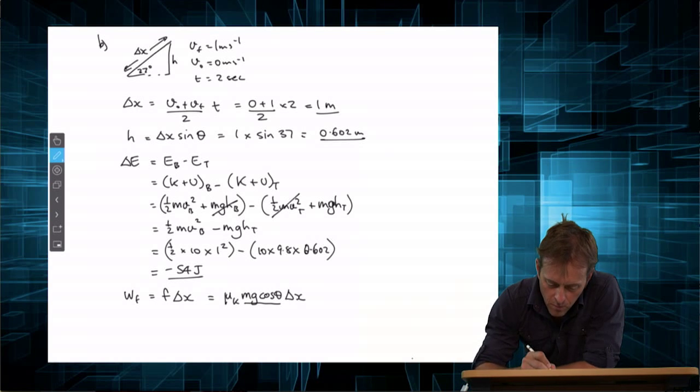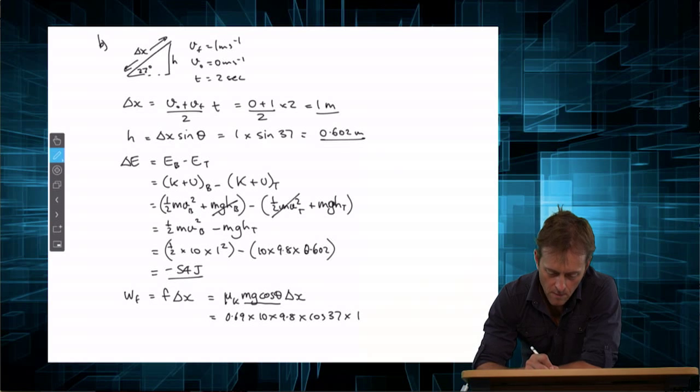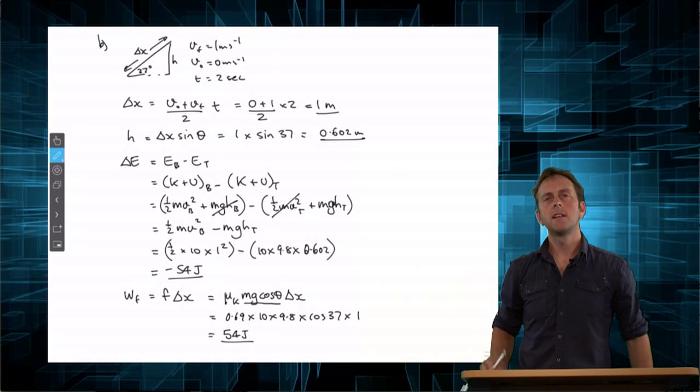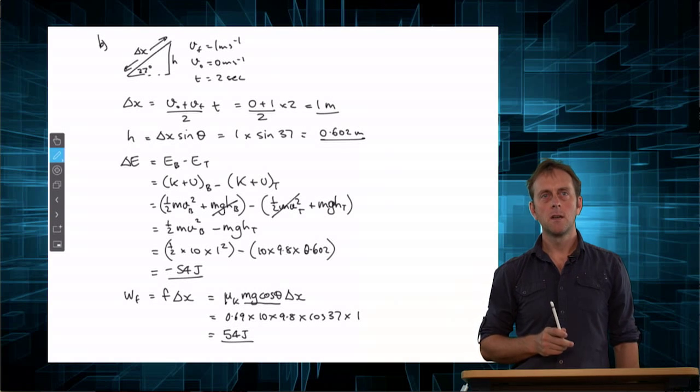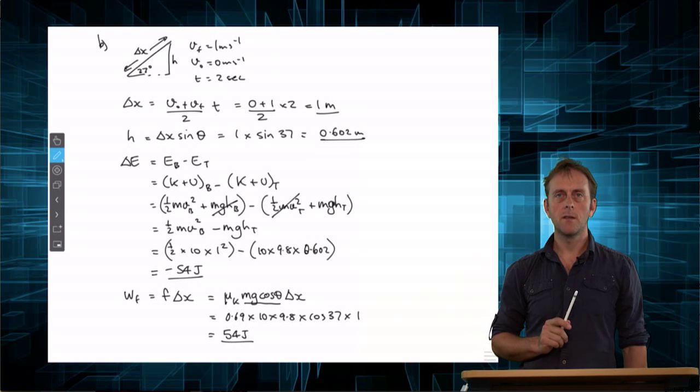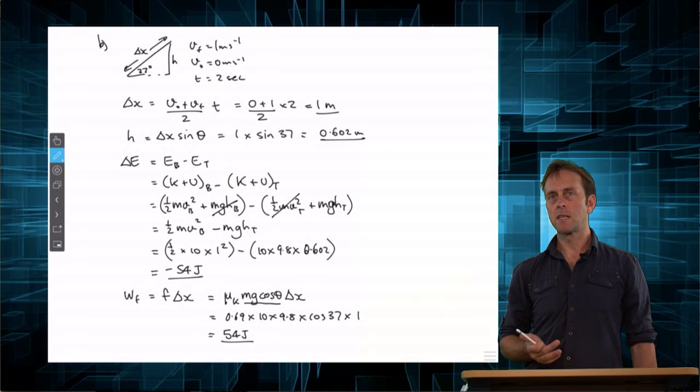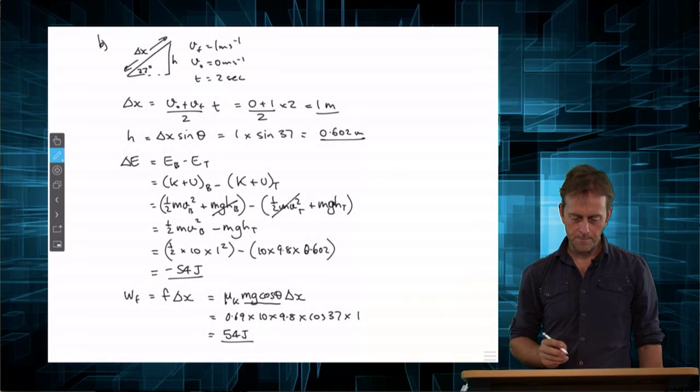Put in some values and we get 0.69 times 10 times 9.8 times cos 37 times 1, which was the displacement. And the answer we get for that is, great, 54 joules. So the energy dissipated by friction, the work done by friction, is the mechanical energy loss. So that makes sense. Our answer is looking good.